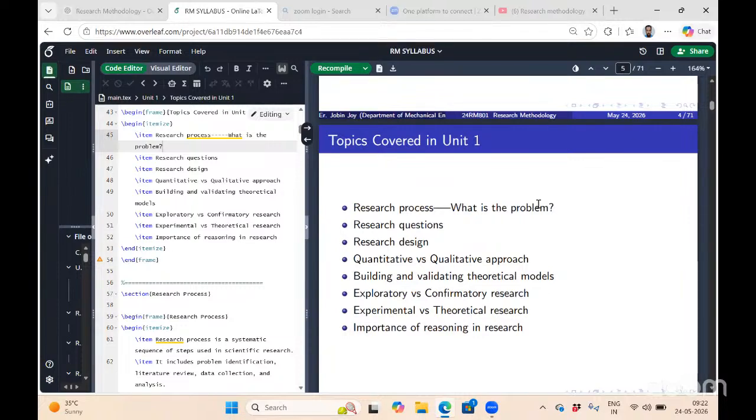Exploratory means you will be exploring new ideas, new problems, new solutions. So that is the basic difference between exploratory versus confirmatory research. For example, exploring AI applications, testing automation efficiency, studying customer behavior, confirming machine reliability theory, verifying medical treatment results.